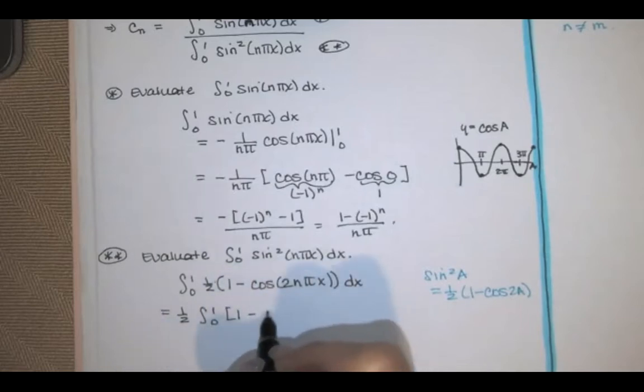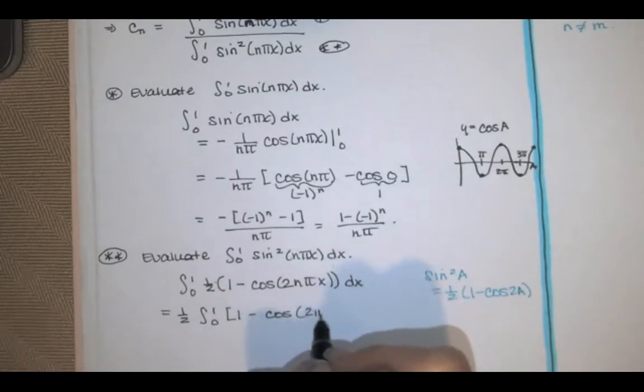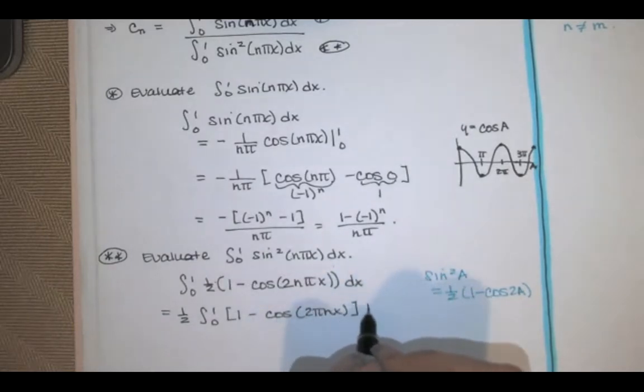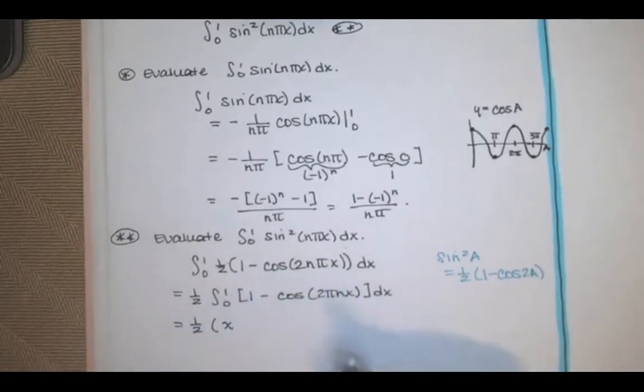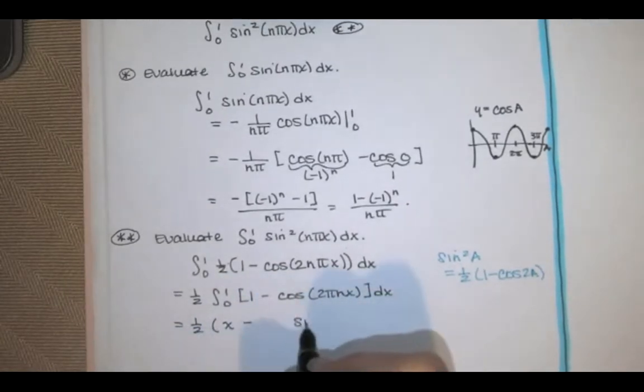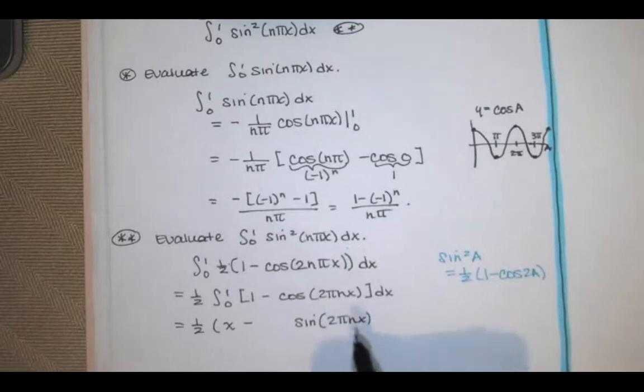Okay, so we've got this. I factored out my 1/2. Antiderivative of 1 is x. The antiderivative of cosine of an angle is sine of that angle. Since I've got a constant multiplying the x, if I were taking the derivative, I'd have to multiply by that constant.